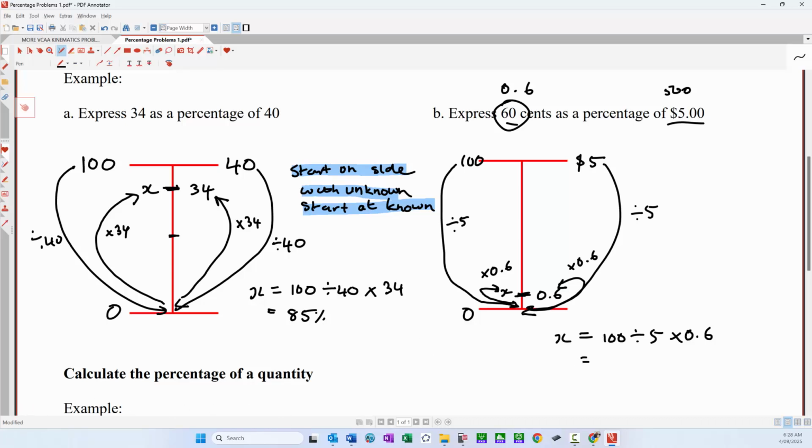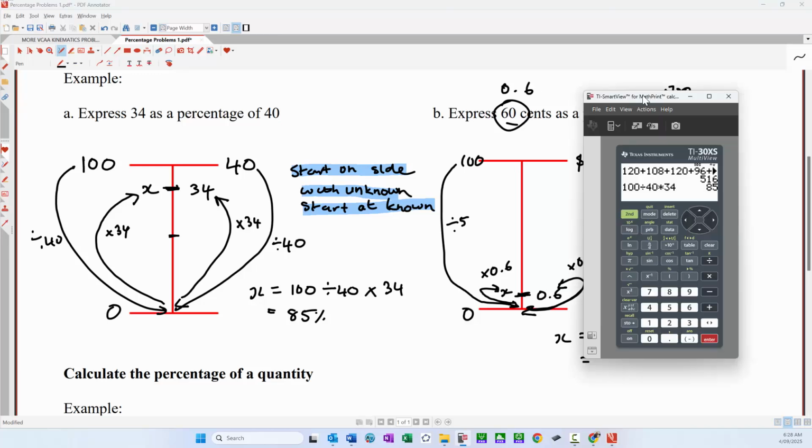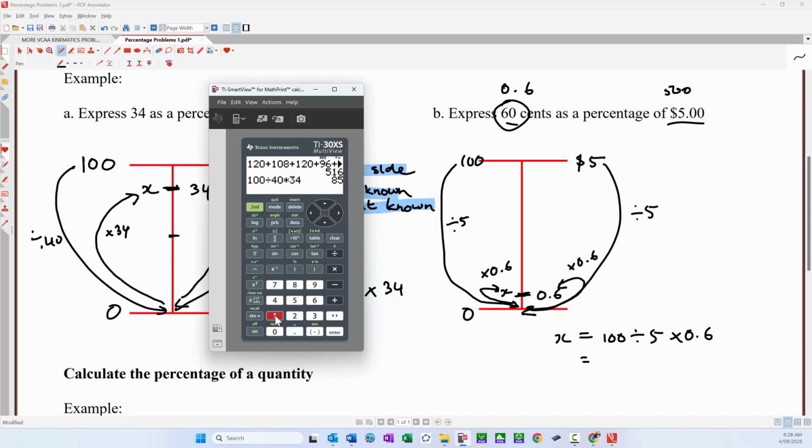Same as before, we get our calculator and go 100, divided by 5, and then multiplied by 0.6, and it's 12%.